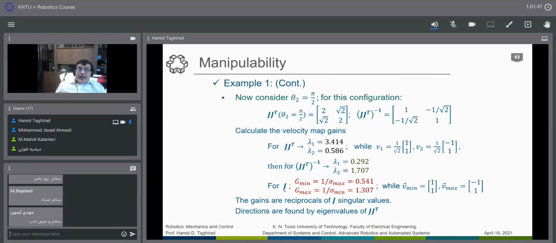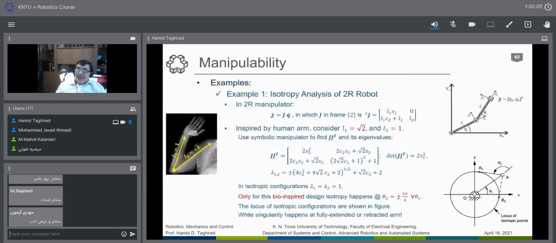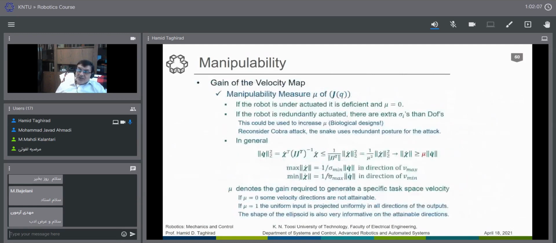So for J, since we have this, we have singular values of J as well. So we can say that the singular values of J transpose is this, and for J, J min and J max, as you remember this equation, we have singular value 1 over J min, 1 over J max as the largest gain and the smallest gain in here.